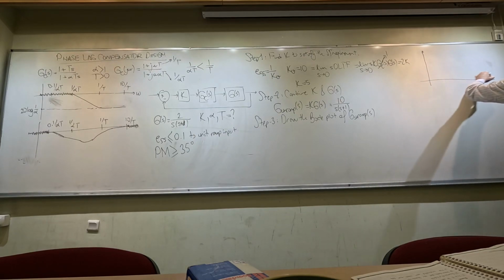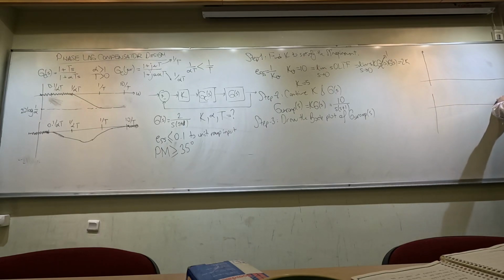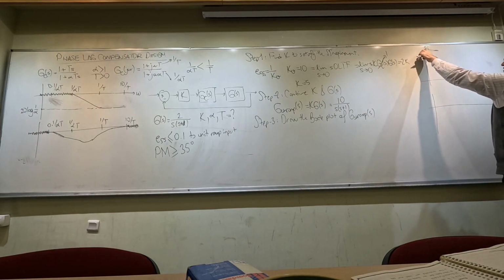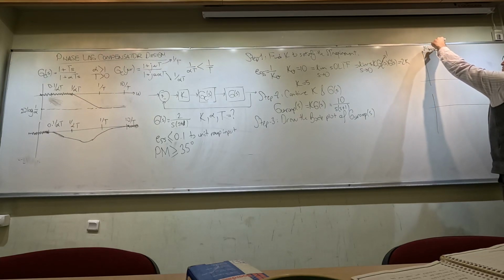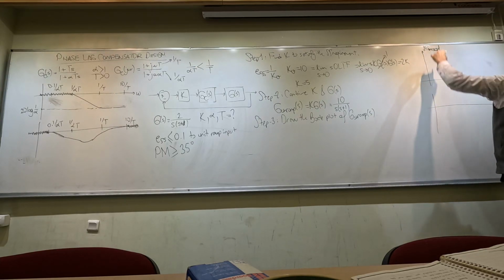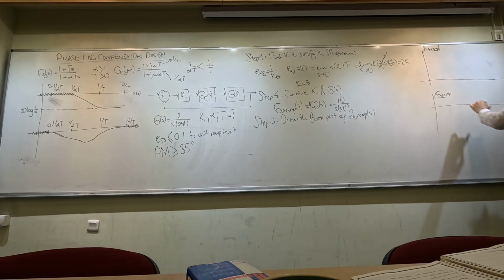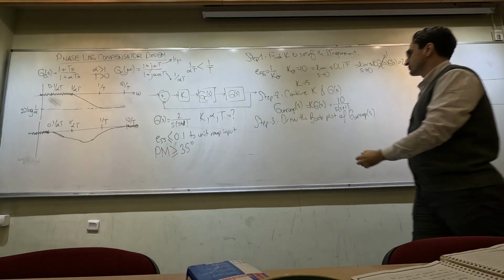So this is my magnitude plot, and this is going to be my phase plot. So I have g uncompensated magnitude in dB here, and here is the angle. So here I will look at the frequency response of this thing.